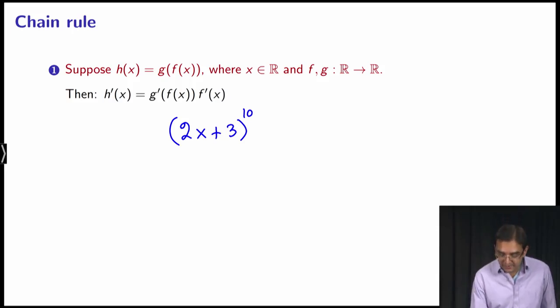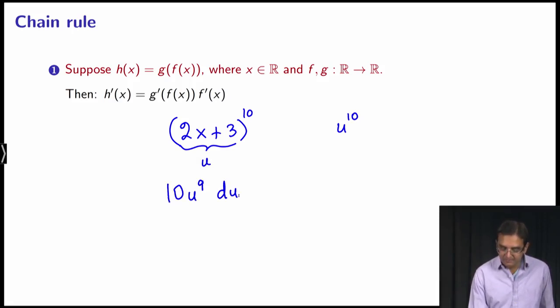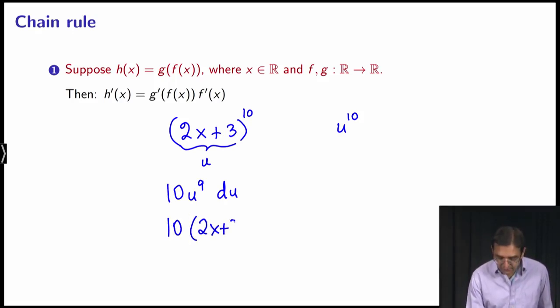Well, let's take that expression, 2x+3, and call it u. So we are computing the derivative of u to the 10th. That is 10 u to the 9th du. Now, what's du? Well, u is 2x+3, so du is 2. So it's 10 times (2x+3) to the 9th times 2.